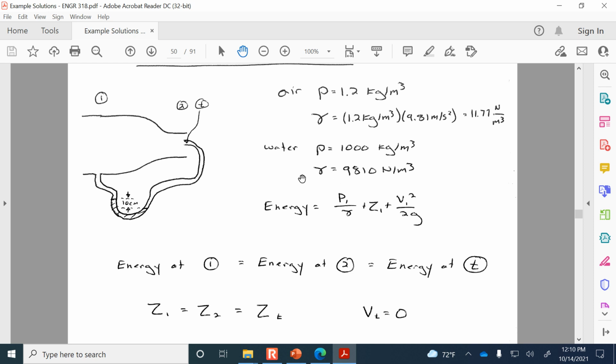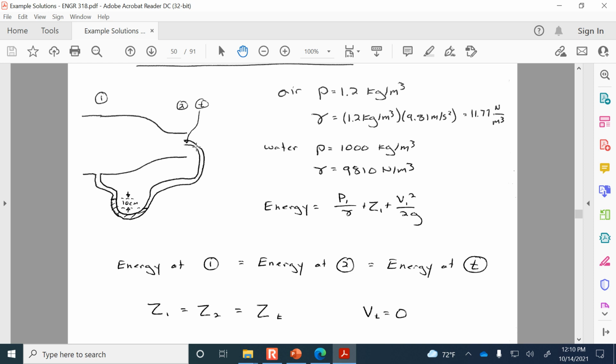And then the fluid properties of water are applicable because this manometer is filled with water. So the basic concept, the principle, is that all of the energy that's in the fluid at 1 is still there at 2. It's just changing its manifestation, changing from more pressure to relatively more velocity head at 2.